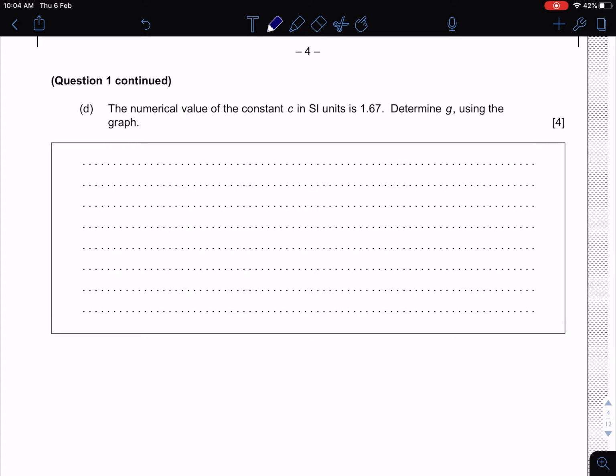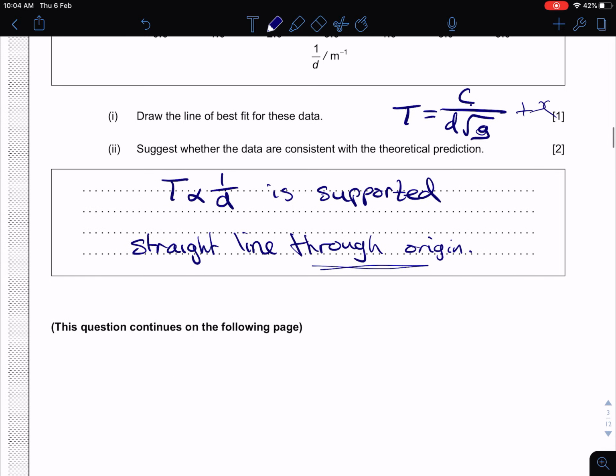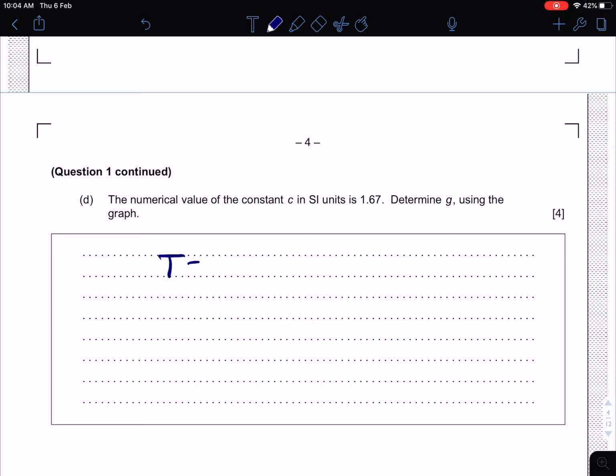Determine G. Well, we go back to our equation again, which is T equals C over D root G. We want to rearrange that to find G. But before we do that, actually, we want to determine the gradient of the graph because we've just decided that the equation of the graph is T equals 1 over D times C over root G. This is our y-axis.